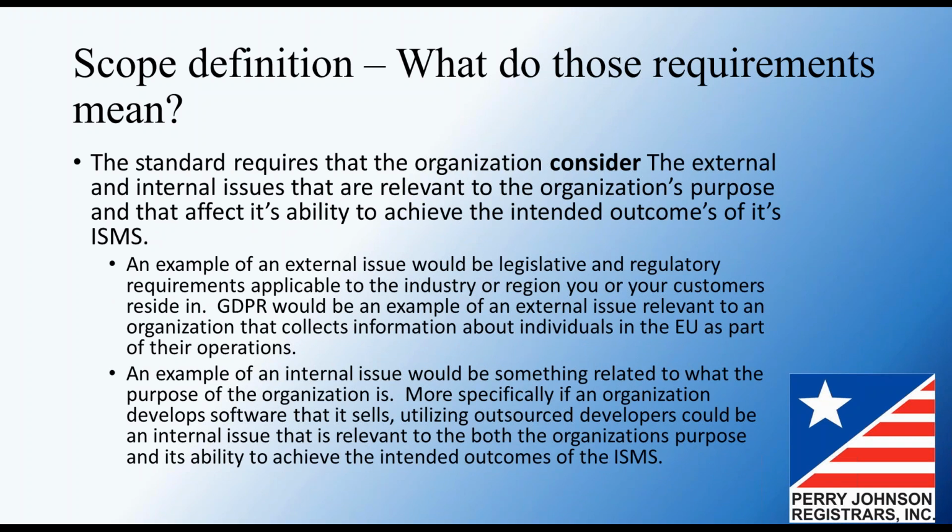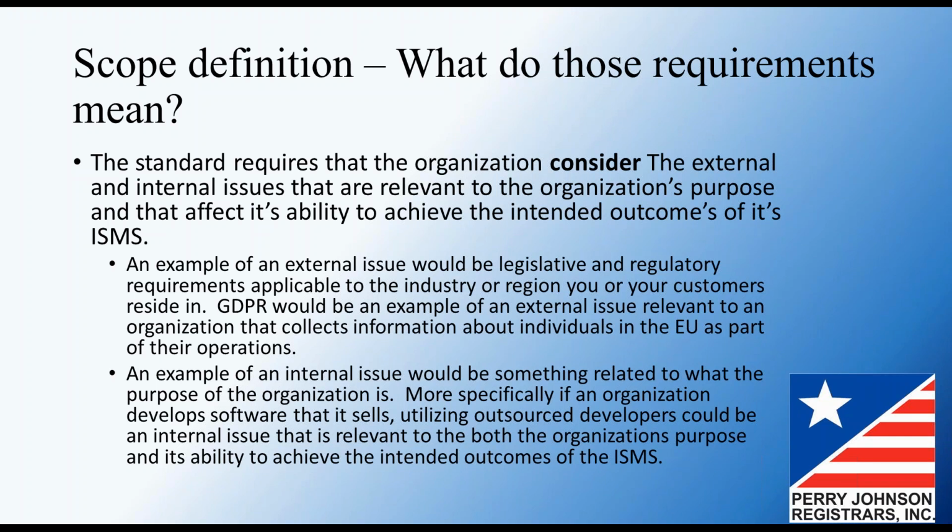Additionally, the standard requires that organizations consider the external and internal issues that are relevant to the organization's purpose and that affect its ability to achieve the intended outcomes of its ISMS. So some examples. An example of an external issue would be legislative and regulatory requirements applicable to the industry or region you or your customers reside in.